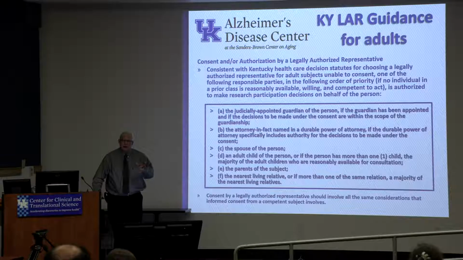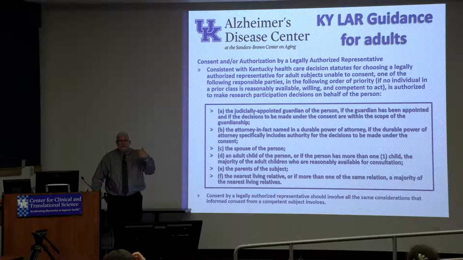And everyone should know these guidelines for an LAR are set up by each state individually. So if you are enrolling patients from Tennessee, their LAR guidelines are not the same as what we use in Kentucky. One must look up what those LAR guidelines are. If they're from Ohio, it may be a different set.